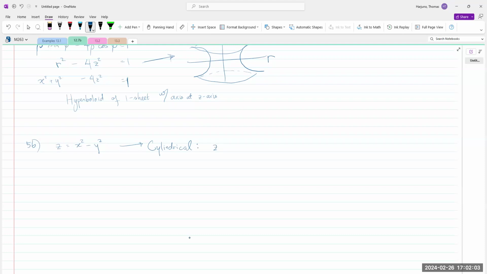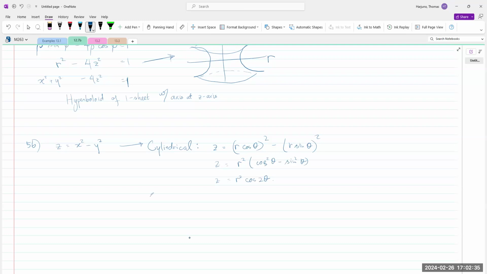So this will be z equals r cosine theta squared, that's for the x squared, minus r sine theta squared. So z equals r squared, and then I factor the r squared out. Notice that the part inside the parentheses can be rewritten as cosine 2 theta.